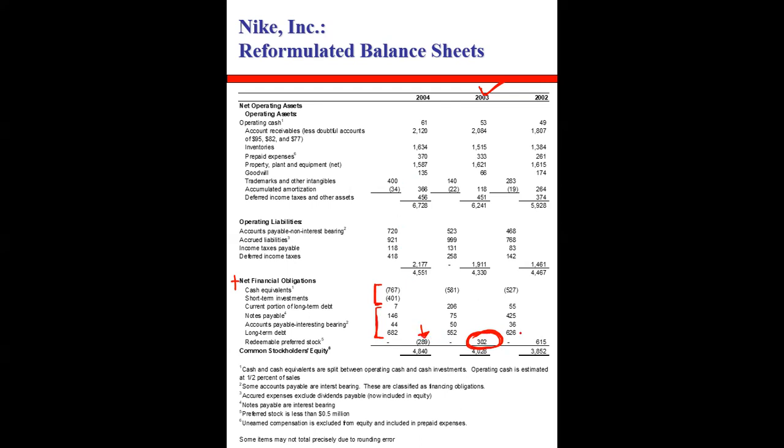What does it mean? The company has this negative 289. What does it mean? Does it mean net financial asset, or does it mean positive net financial obligations? Which one is correct between these two? Negative 289.